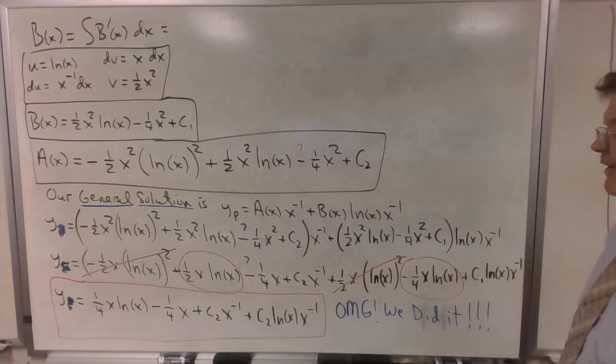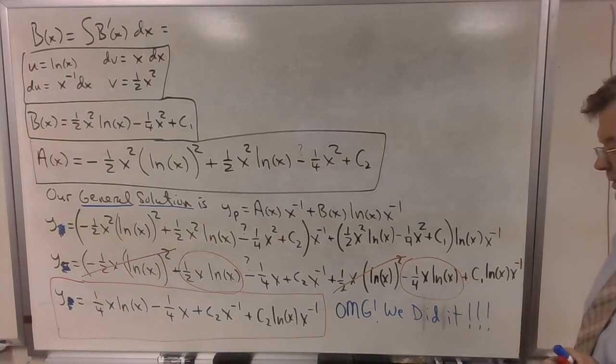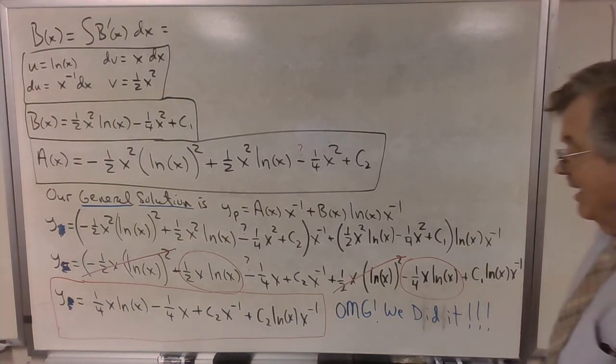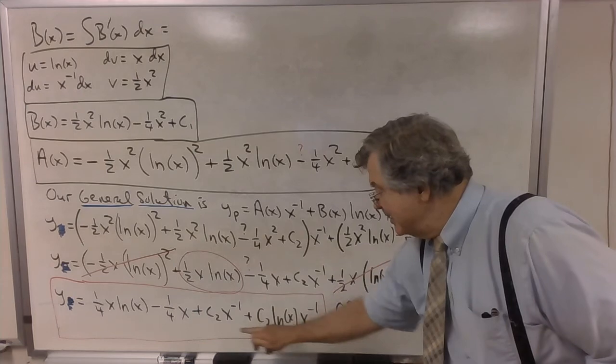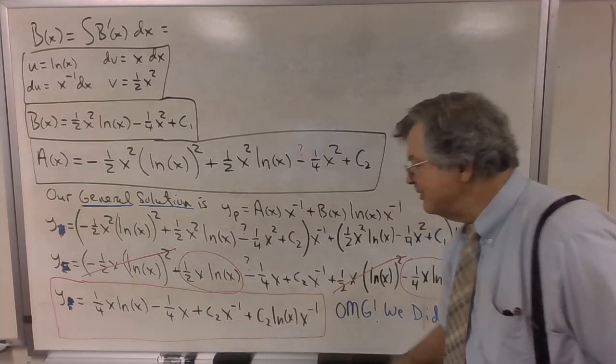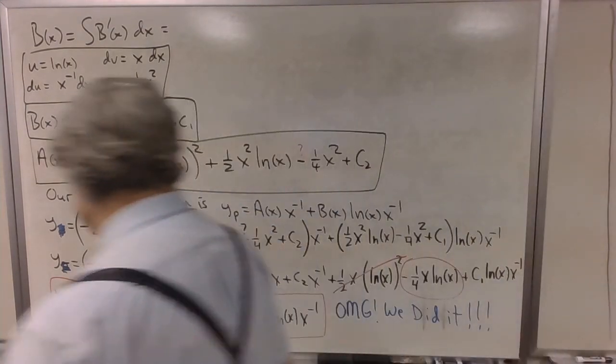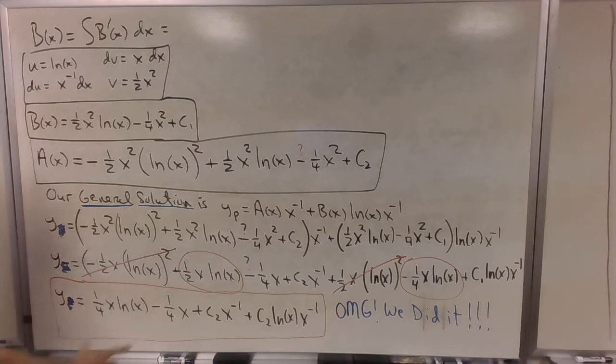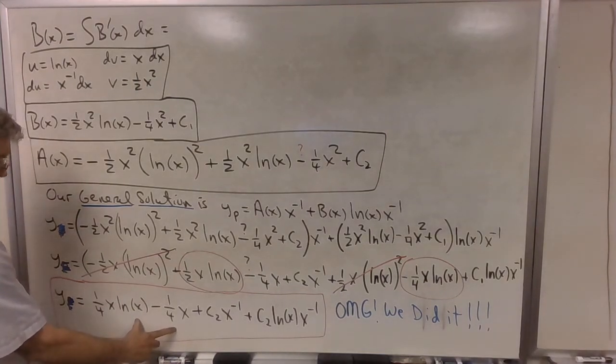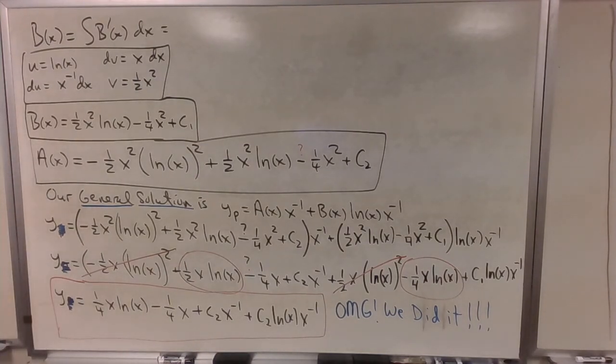Solution via variation of parameters. This is definitely the complementary solution. And I'm fairly confident that this is our particular solution. So if we don't have a polynomial on the right side of our Euler equation, we have to use variation of parameters.